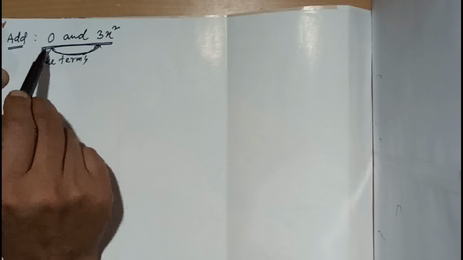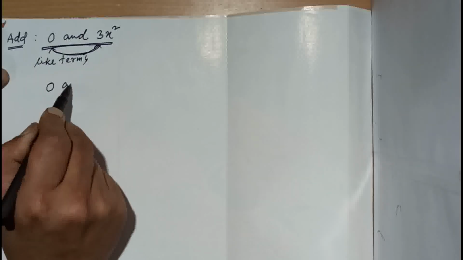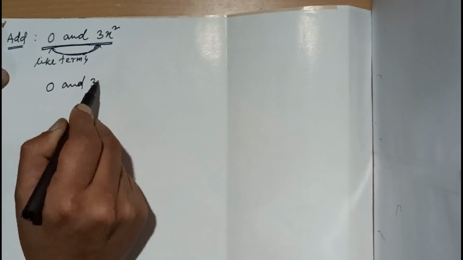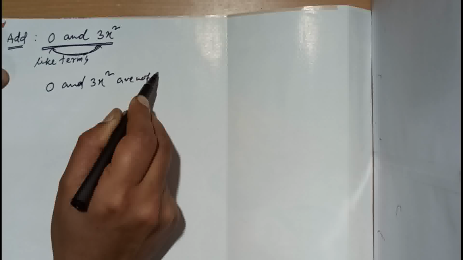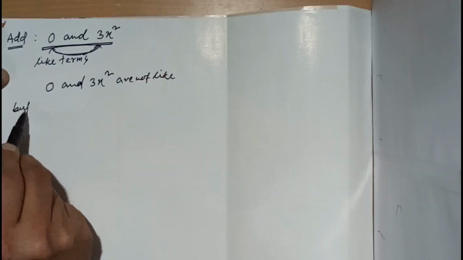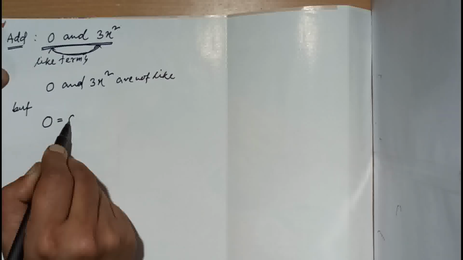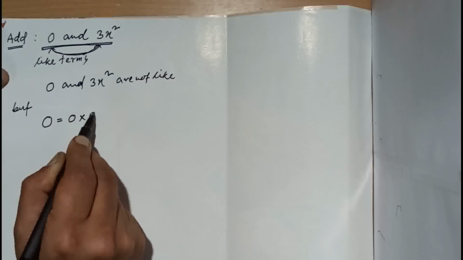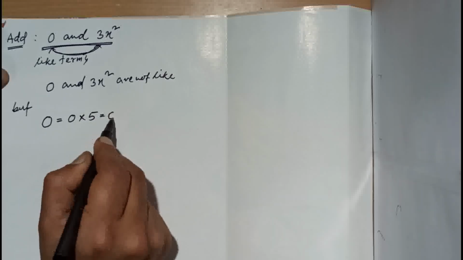So you see, it seems that 0 and 3x square are not like. But 0 we can write like this: 0 into 5, no value, it is 0.